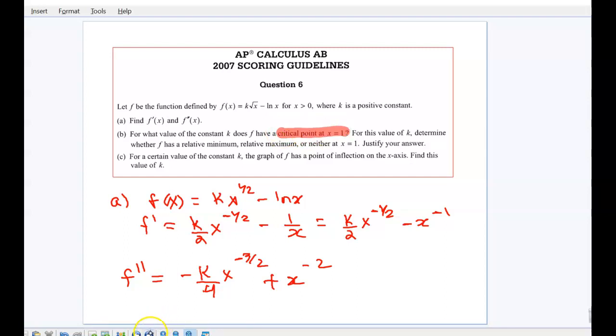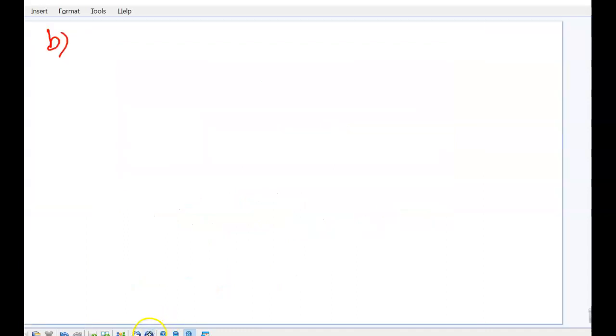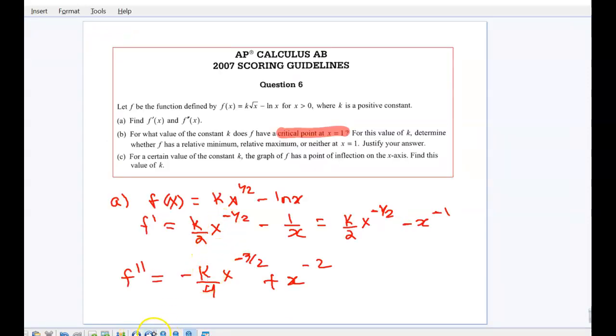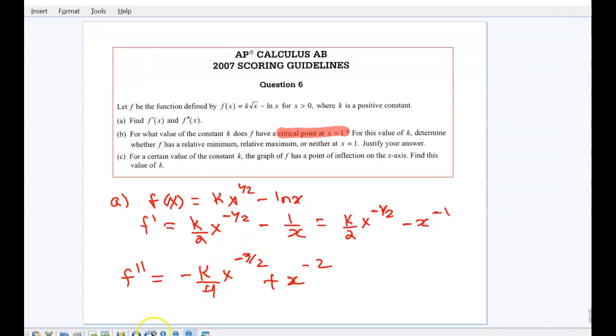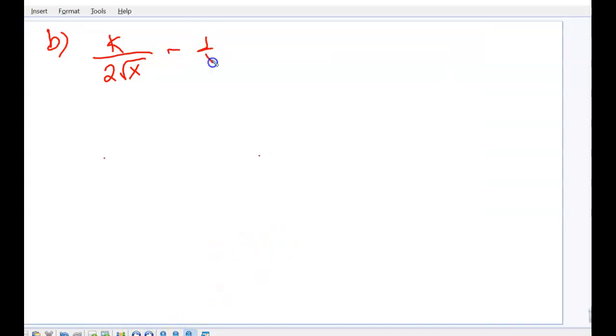So I'm going to take my derivative, which is k over 2, and I'm going to move that x to the 1/2 down and write it as a root x minus 1 over x. This equals 0 when x is equal to 1.